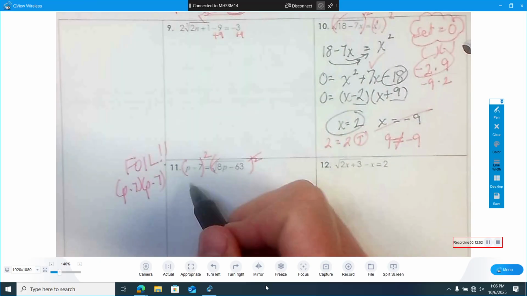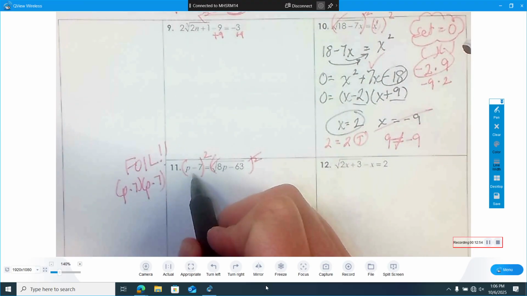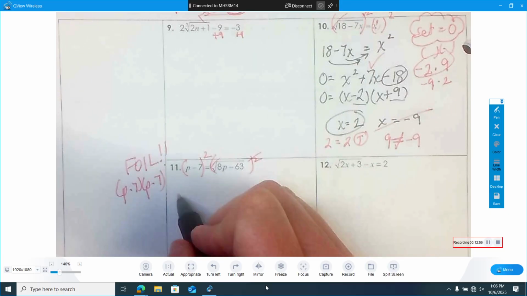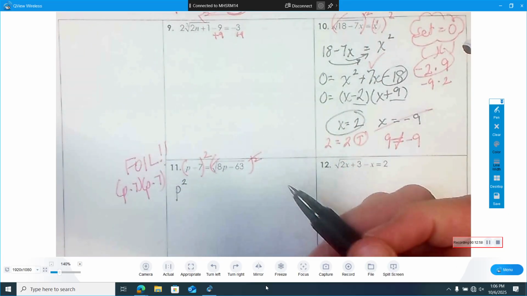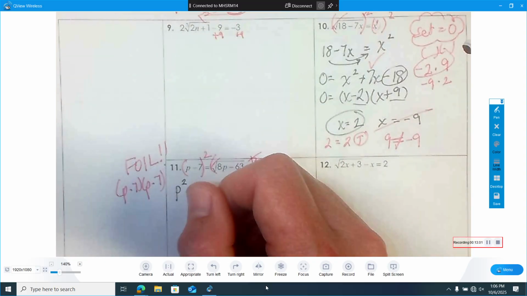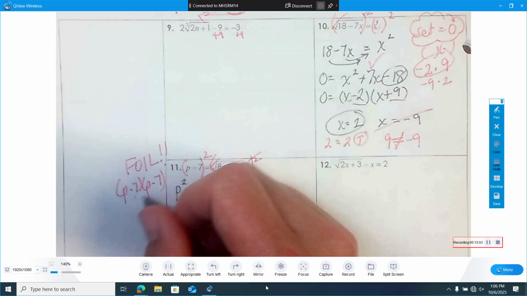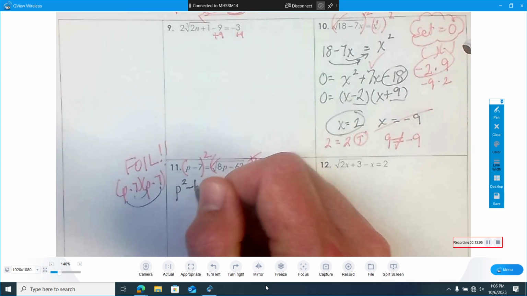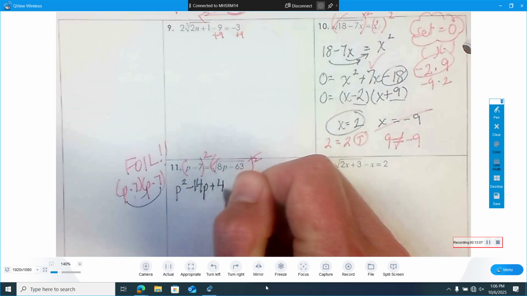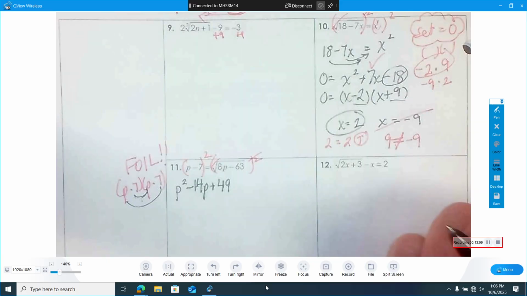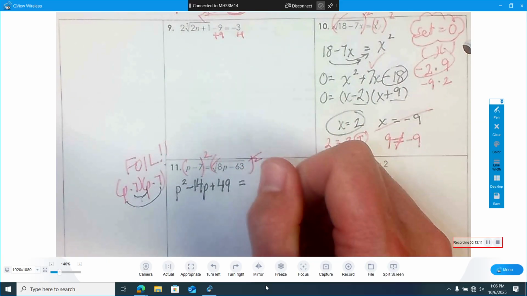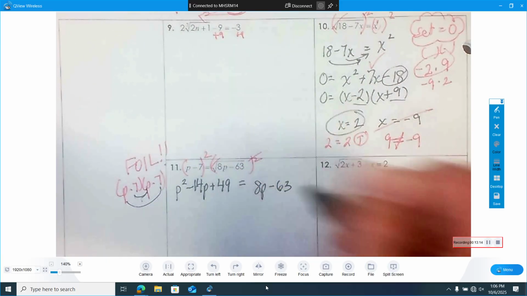All right, so we have to FOIL p minus 7 times p minus 7. What do you get? P squared. Good. Minus 7p minus 7p is negative 14p, and then plus 49. So make sure you FOIL that out correctly. Equals 8p minus 63.